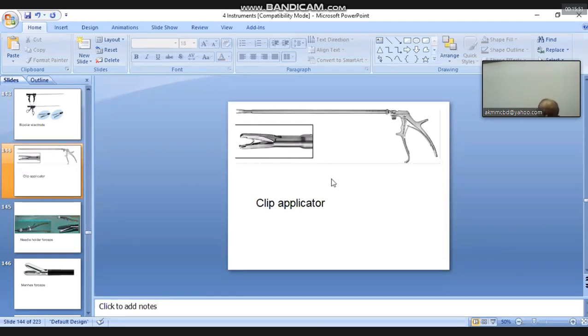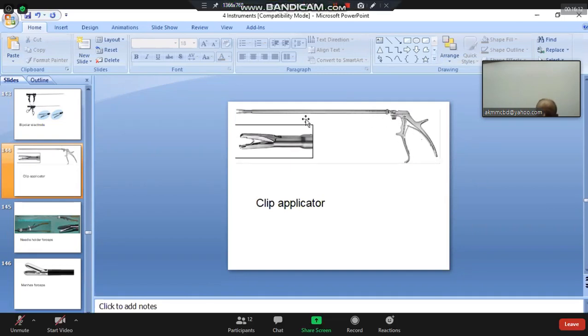This is a heavily built instrument because we have to apply the clip very tightly, otherwise it will slip out of the vessel. This is the handle, heavily built handle, then the shaft and the blade.